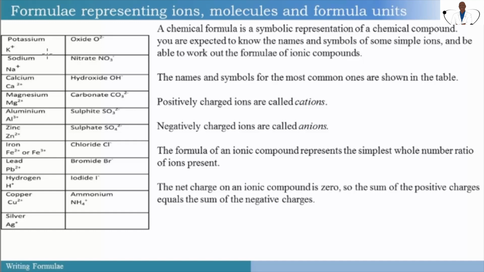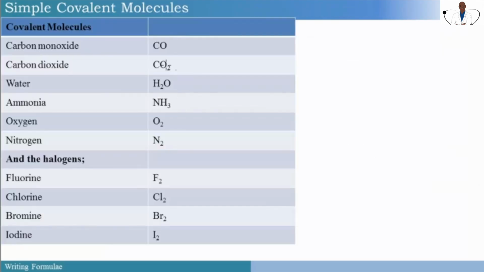Let's examine some simple covalent compounds and look at their formulas. We are very familiar with simple covalent molecules already because we saw where we wrote simple covalent molecules by working out the number of bonds that must be between each atom.